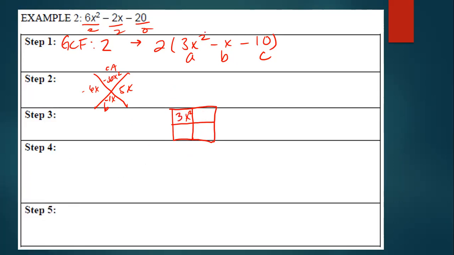You have 3, you have negative 10, you have negative 6x, and you have 5x. The only thing that matters is A and C. A and C go where they go.